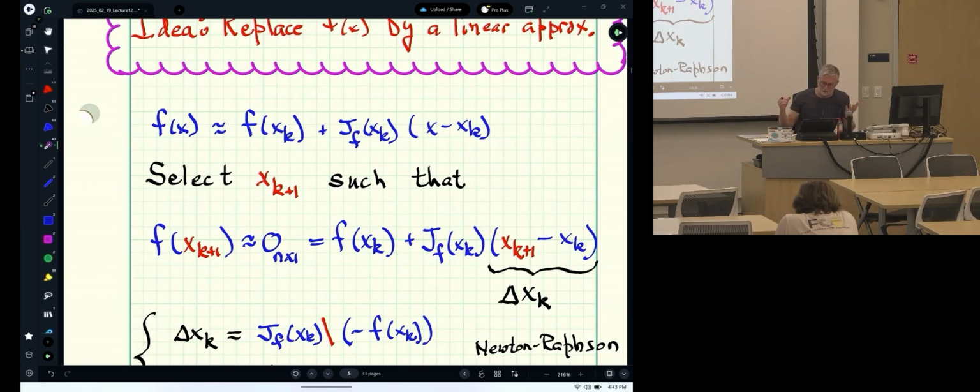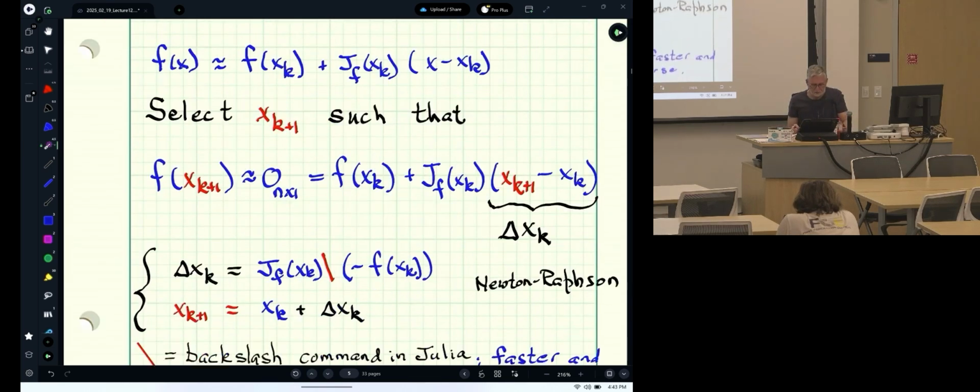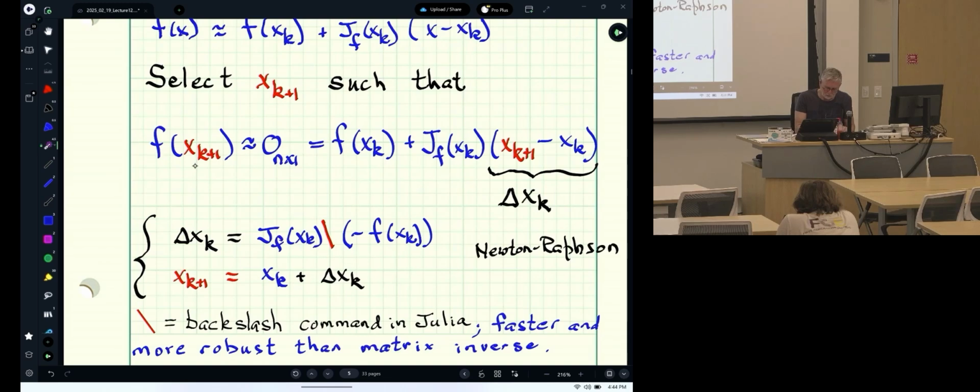And so the idea is, we don't know how to do that if we work with only the nonlinear function. But if we're working with a linear equation, b plus A times x, we can just set b plus A times x equal to 0, and then solve for x. And so that's what we do.